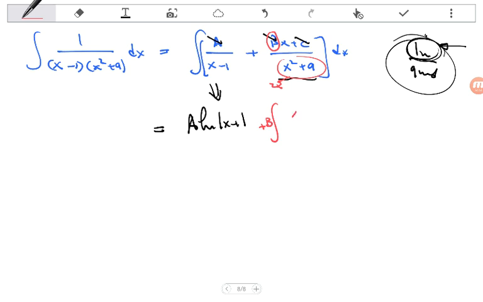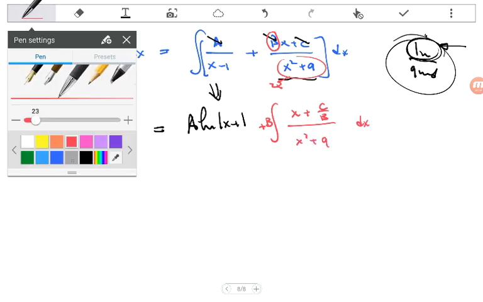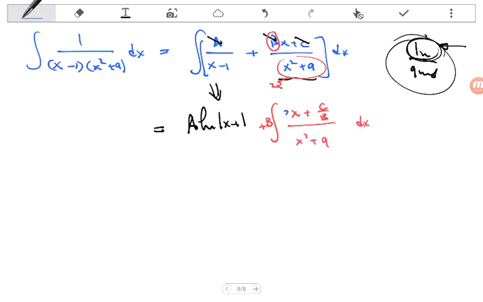It will be b times x plus c over b, then I multiply by 2 and divide by 2. Why would I do this? Just to get the expression which is the derivative of the denominator.